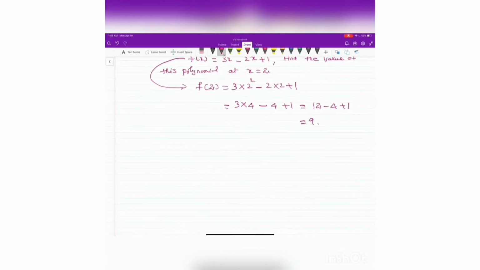Therefore, the value of f of x at x equal to 2 is 9. This is how you will find the value of the polynomial. In general, how to write the statement for the value of the polynomial.